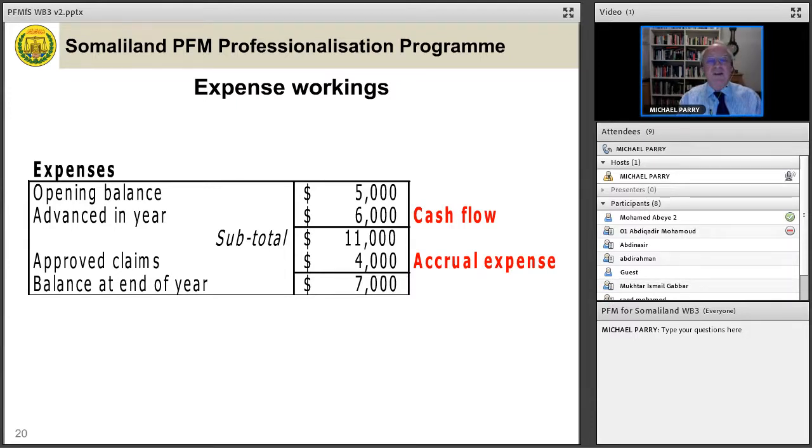And your balance at the end of the year is 7,000. So that's how we get the figure that's in the cash flow statement and the figure that's in the modified cash basis. And that's the same figure we'll use, you'll see, when we go on to look at modified accrual and accrual accounting, because basically we've now moved the expenses to an accrual basis.